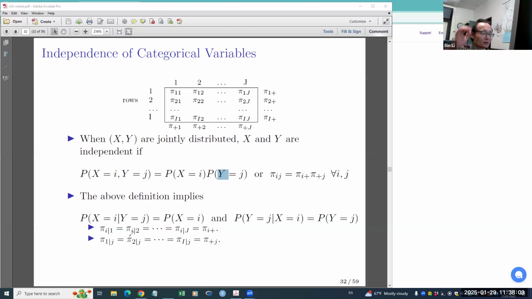Based on independence, it also implies the conditional probabilities at each column and the conditional probabilities at each row are the same, and you can easily check that.